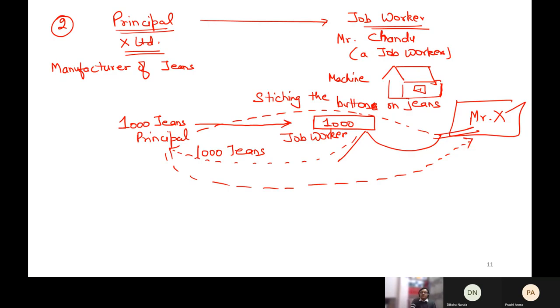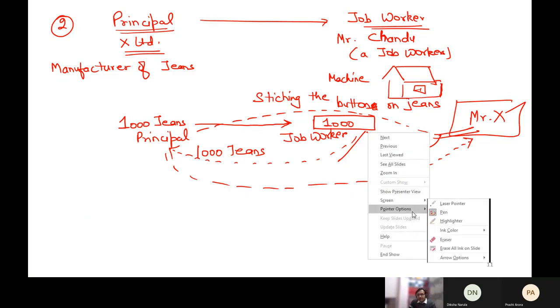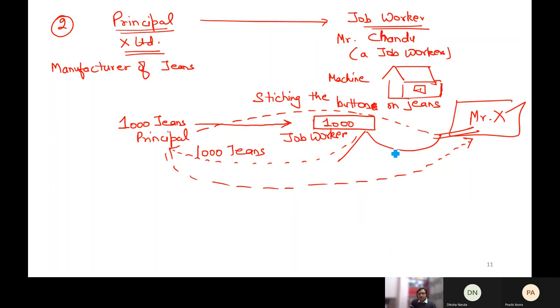Here the point is what? When these 1000 jeans are supplied from the job worker's place of business, it is not treated as aggregate turnover of the job worker.